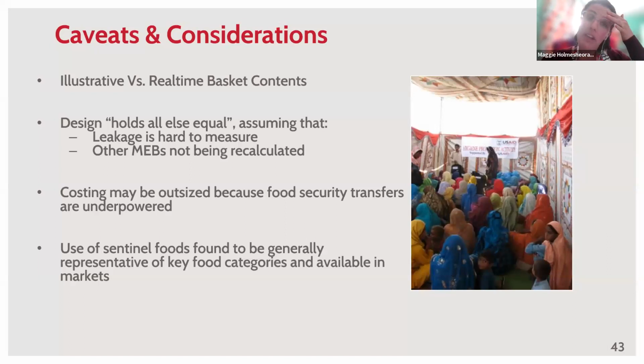So some of the caveats that we considered when we were building this basket: similarly with designing a minimum expenditure basket, the contents of the basket are illustrative. The contents of the basket that determines the transfer value don't presume to say that that is what people will actually buy.